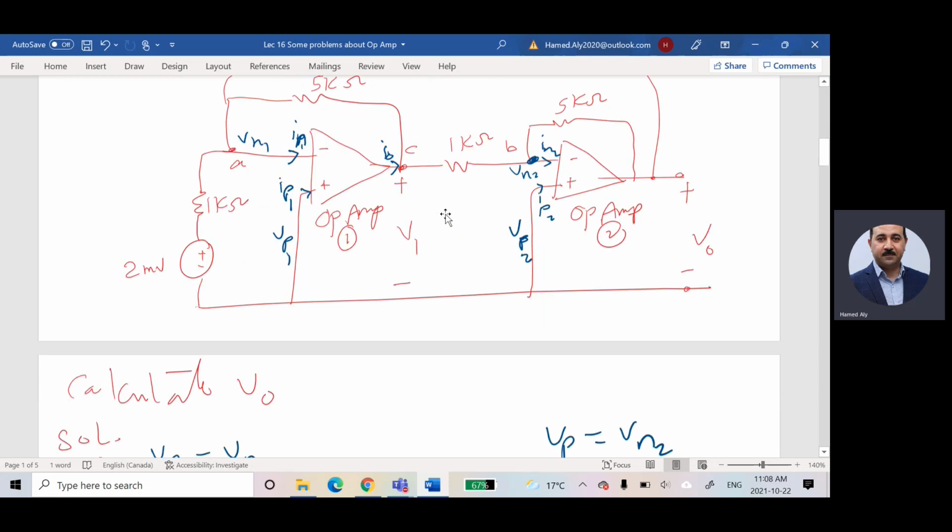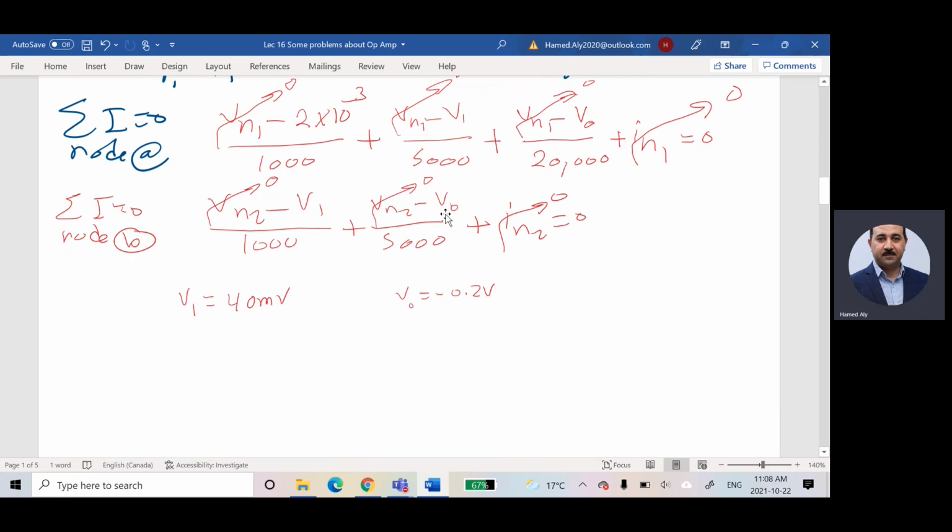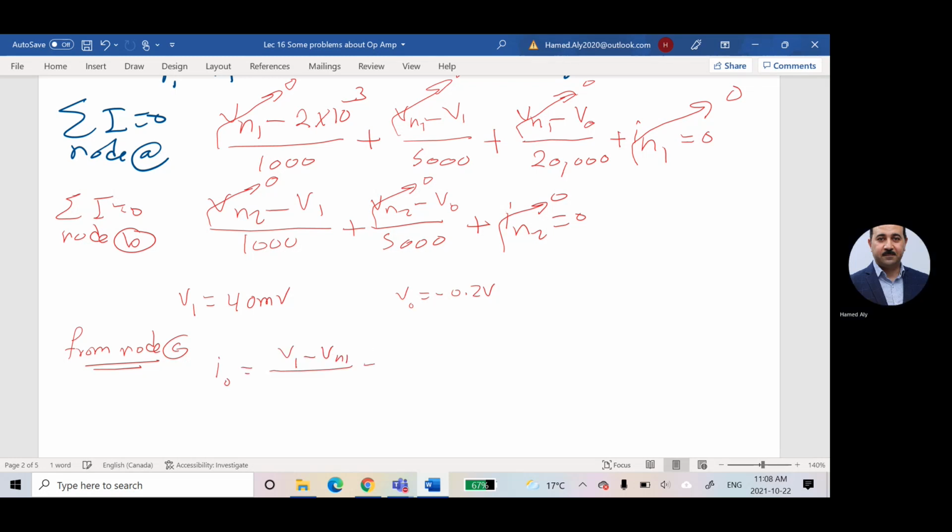So based on that, from node C, I can say IO is equal to V1 minus Vn1 divided by 5,000, plus V1 minus Vn2 divided by 1 kilo.